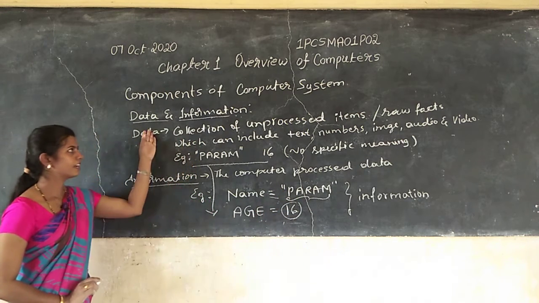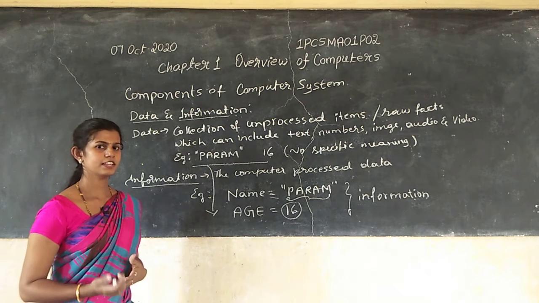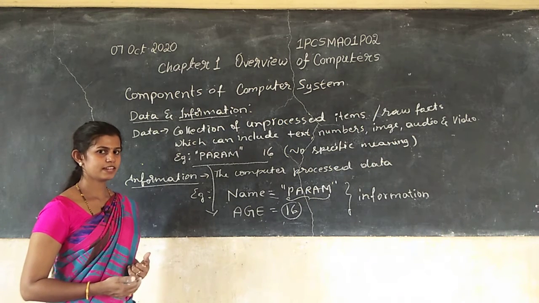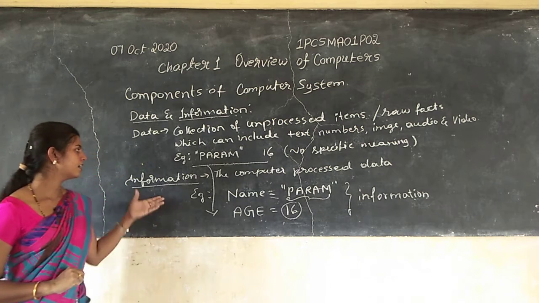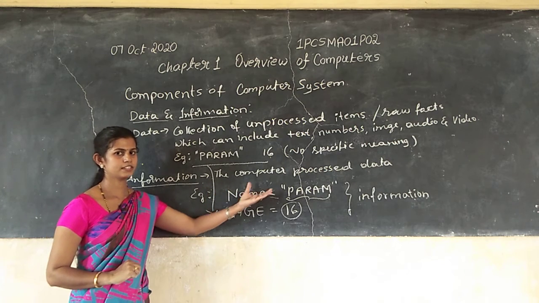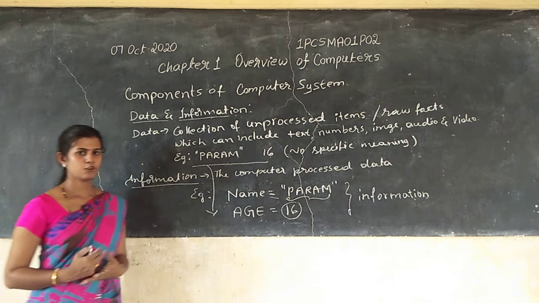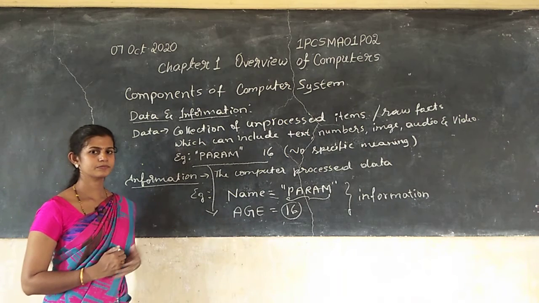So, data is a collection of unprocessed items, it may be text, numbers, audio, image or video, and information is the computer processed data, and it has some specific meaning.